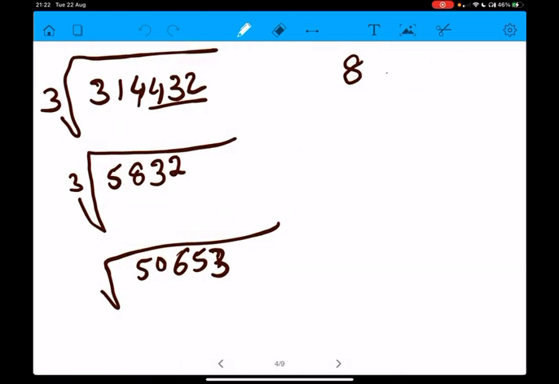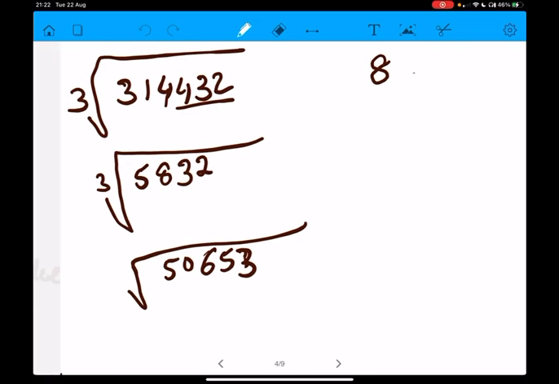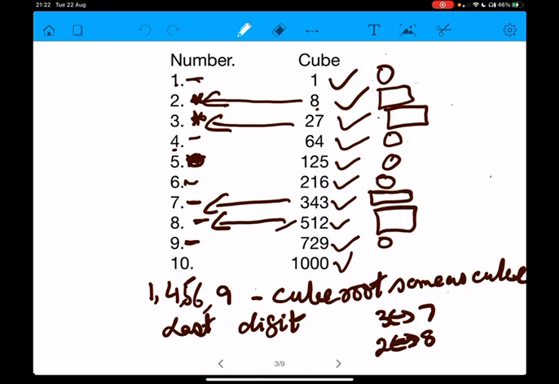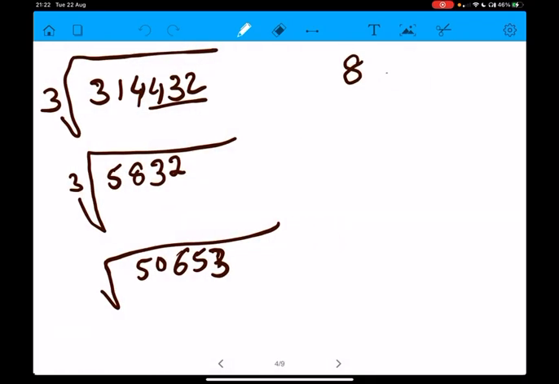So 314 is between 216 and 343, greater than 216 and less than 343. So the first digit has to be 6. Similarly, the number ends with 2 here, so the cube root has to end with 8.